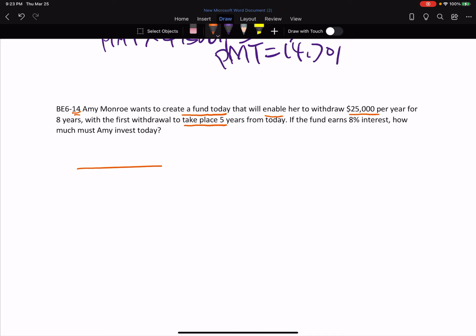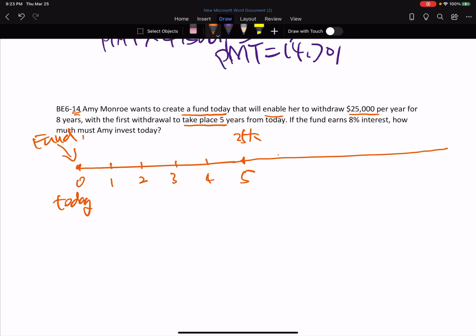Okay, so let's first draw a chart: 1, 2, 3, 4, 5. Okay, so this is today. She should prepare a fund here, available for the first withdrawal here, 25K for the next 8 years. 6, 7, 8, 9, 10, 11, 12, right?